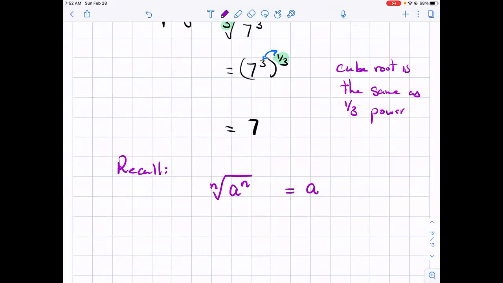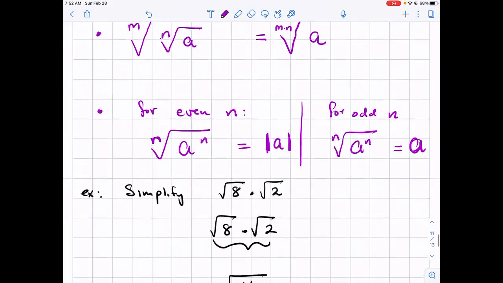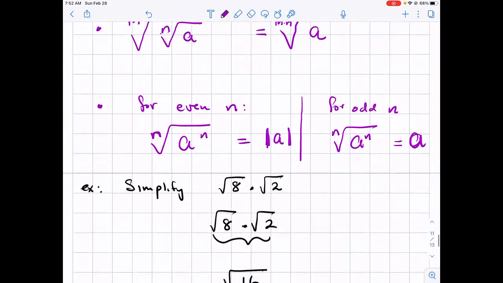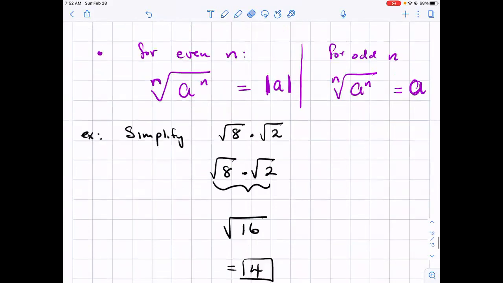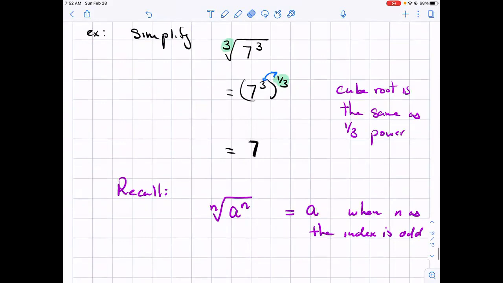Actually, I have it when n, the index, is odd. That's what I have. So that's why we get 7.